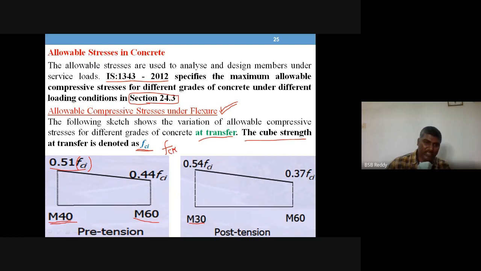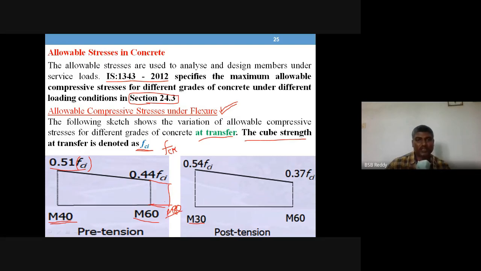So you can even extend this line to M80 by extrapolating it.